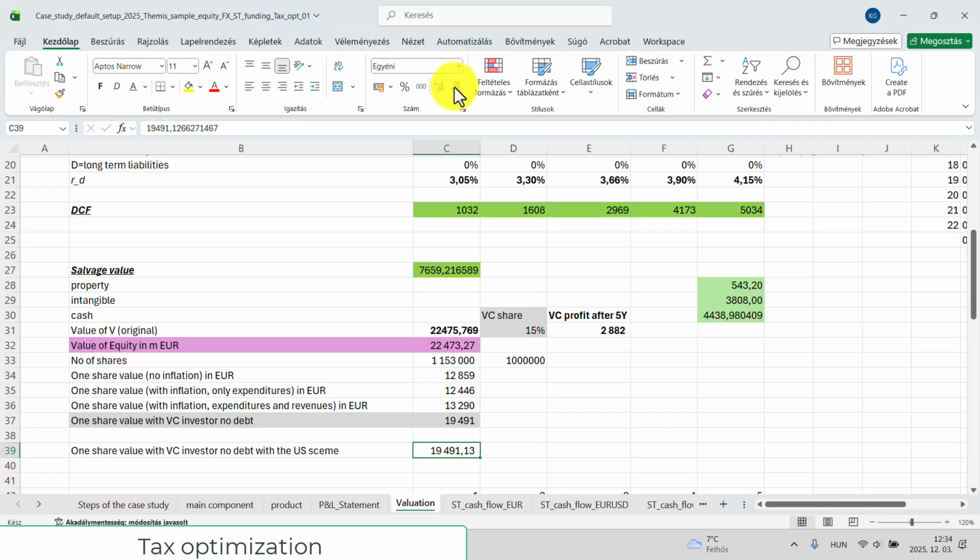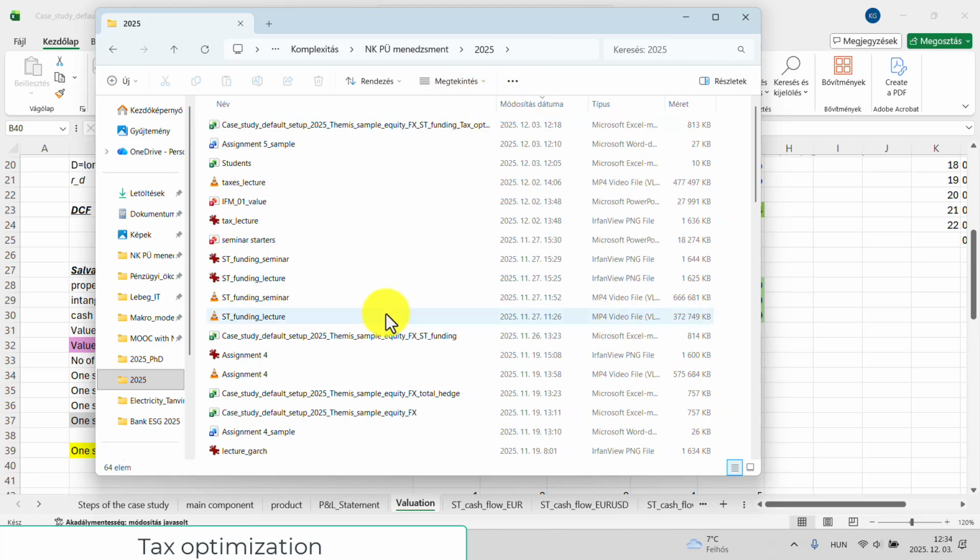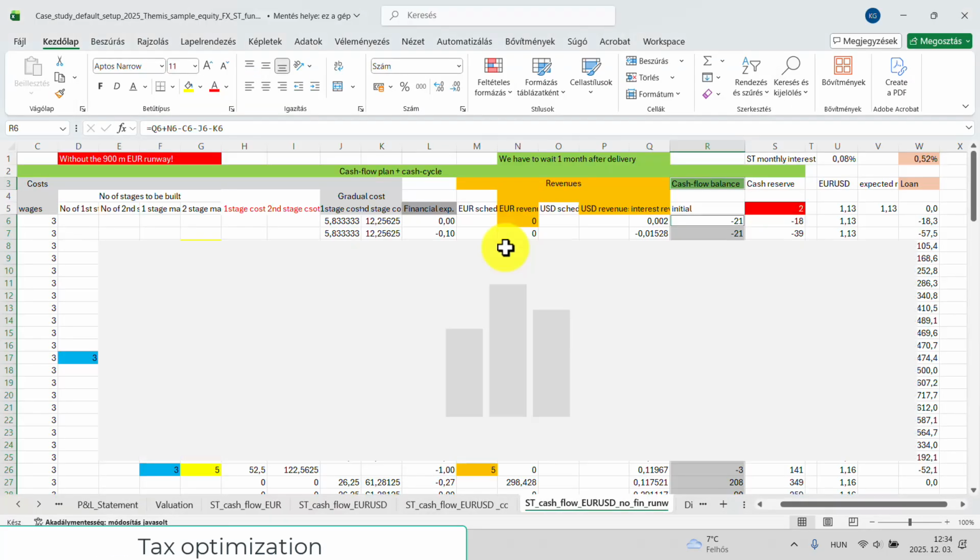Again, this is unethical. We should not do this. This is just for education purposes, not for career advice. And then we have to see, okay, does it have any impact if we are just comparing with the original one?